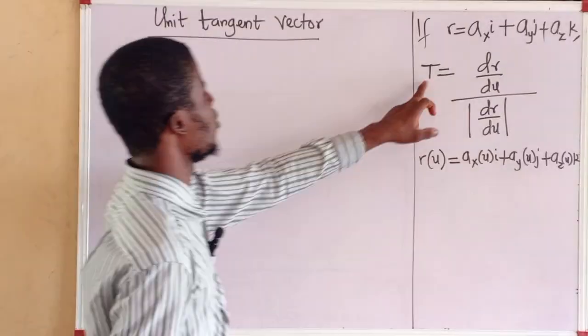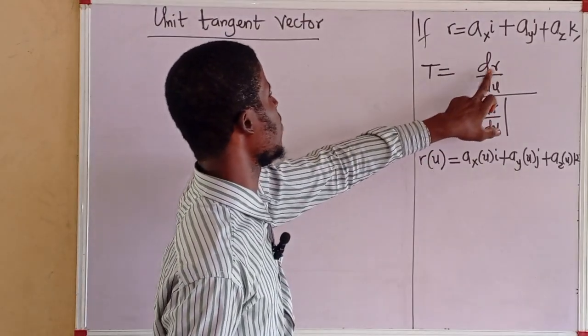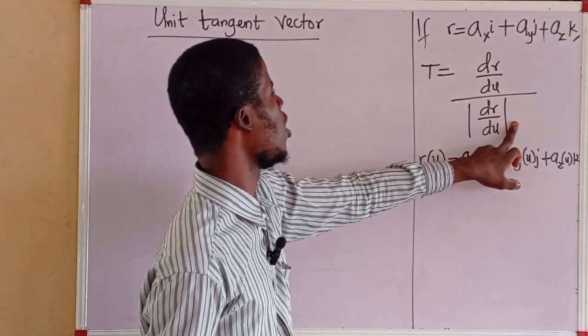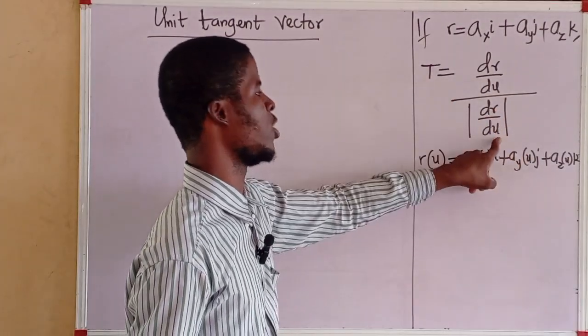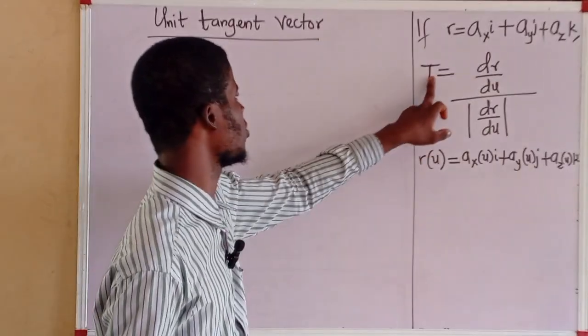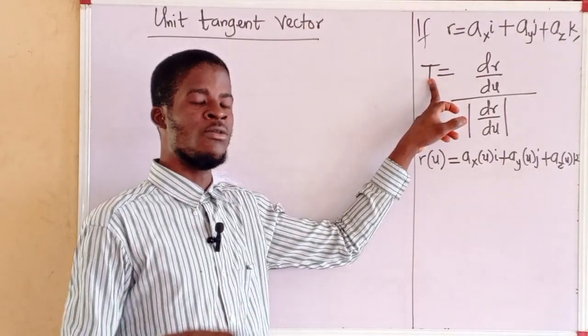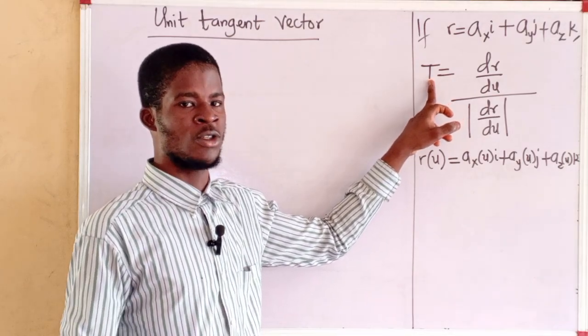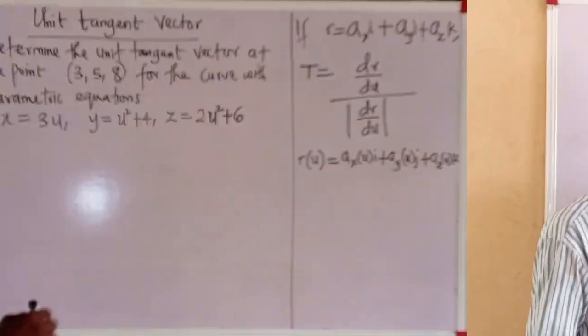The unit tangent vector is the derivative of r with respect to u divided by the modulus of the derivative of r with respect to u. I said that the unit tangent vector is a vector that is tangent to a curve at a particular point, and the vector has a modulus or a magnitude of 1.